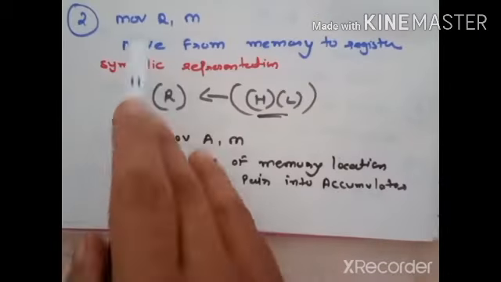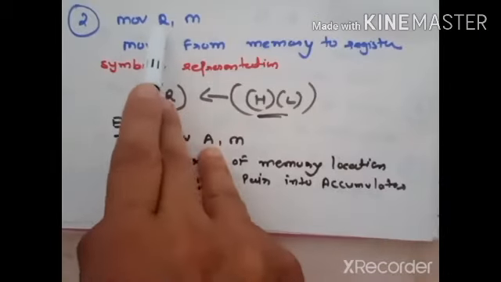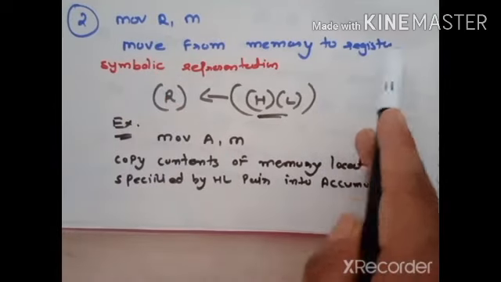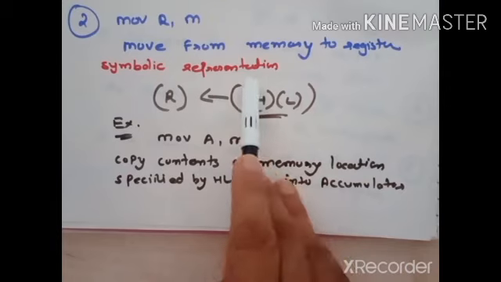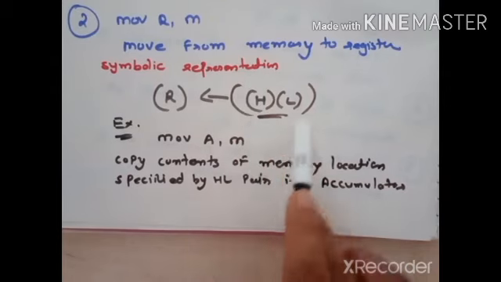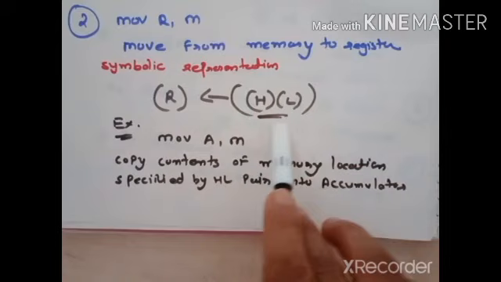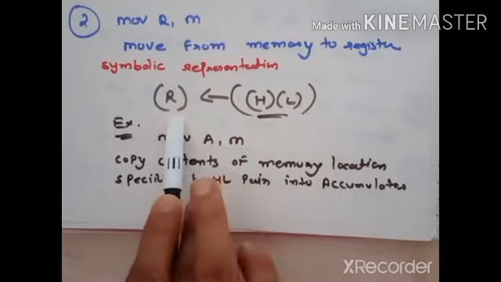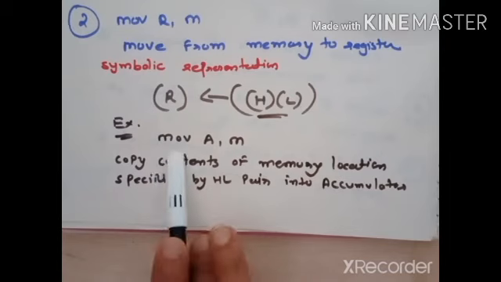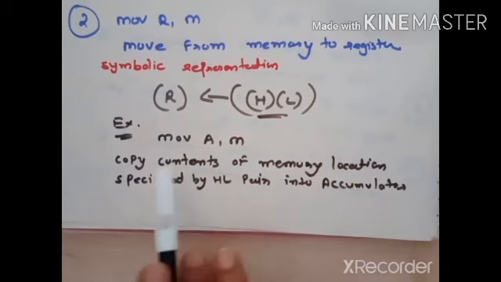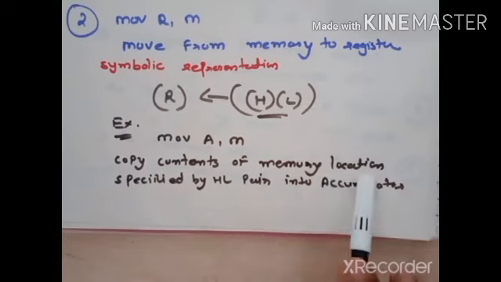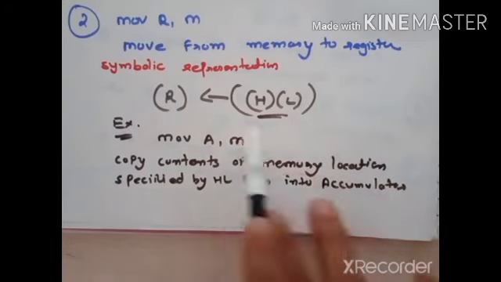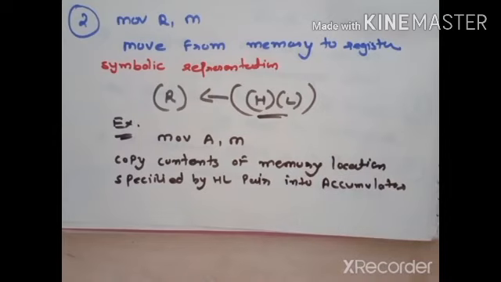Then the second instruction is MOV M to R, that means move from memory to register. The symbolic representation of this instruction is content of HL pair, that means content of memory is transferred to register R. Then example of this instruction, MOV M to A, that means copy content of memory location specified by HL pair into accumulator.